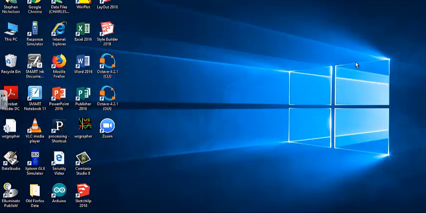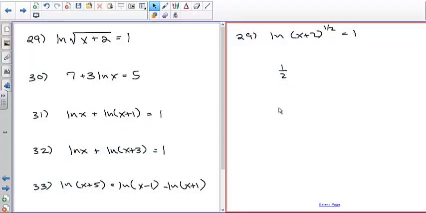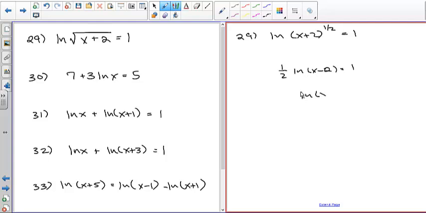Some reason my cursor stopped working there. Okay, so you bring the exponent out, so you get the natural log of x minus 2 is equal to 1/2. Bring that out, multiply both sides by 2. So this becomes 1/2 times 2 is 1. 1 times 2 is 2. Now you can use it again. The base of the exponential expression has to be the same base as the logarithm.